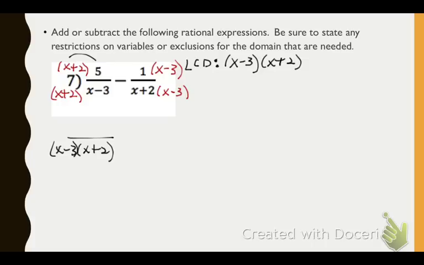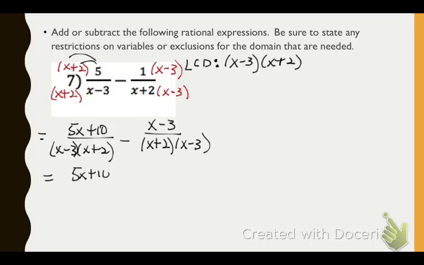And I'm going to distribute. So I'll have 5x plus 10 on the left minus, and then on the right, an x minus 3. And that's all over my common denominator of x plus 2 times x minus 3. Now we can combine those numerators. So we have 5x plus 10 minus x, and then when I subtract a negative 3, it is like adding 3, all over our denominator.